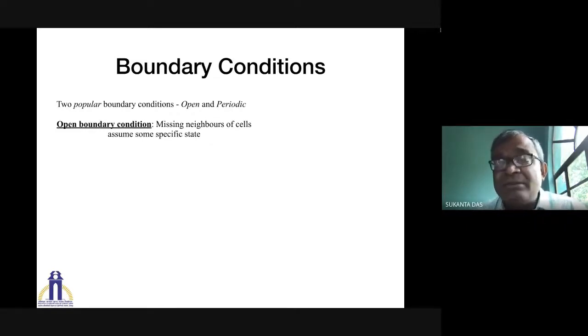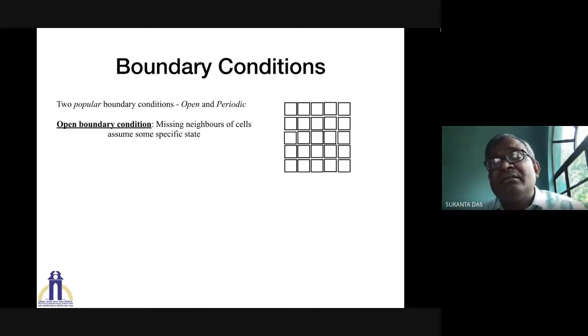Let us take an example, the 2D case. Suppose it's a 2D CA, a 2D grid, and this many cells are there. And suppose in my state set, the states are 0, 1, 2, etc. These are the states.